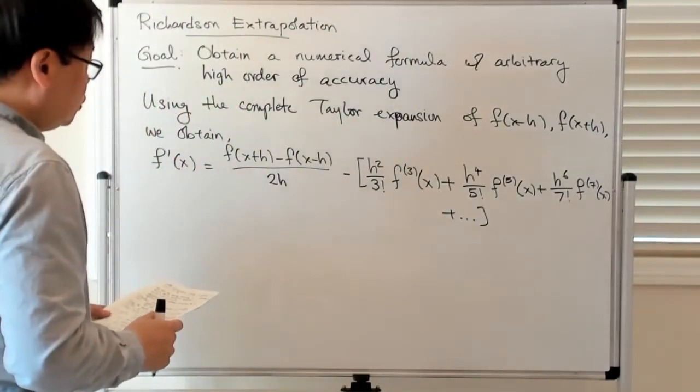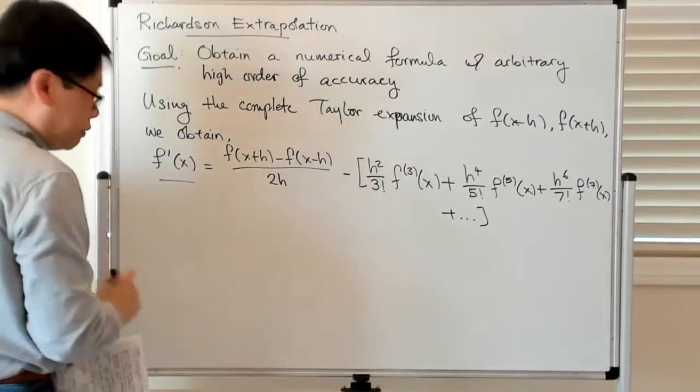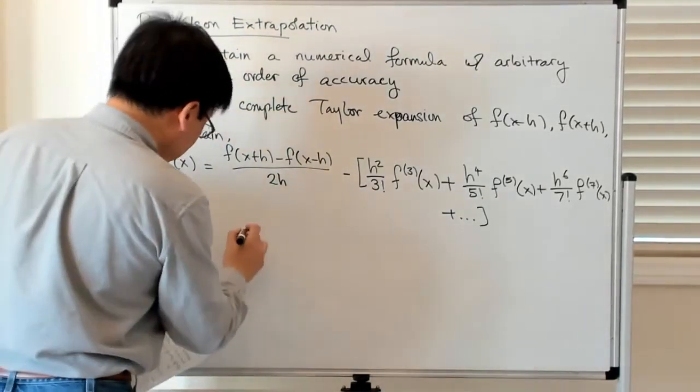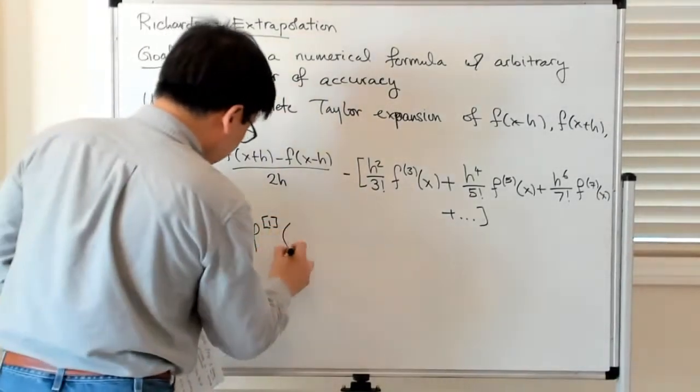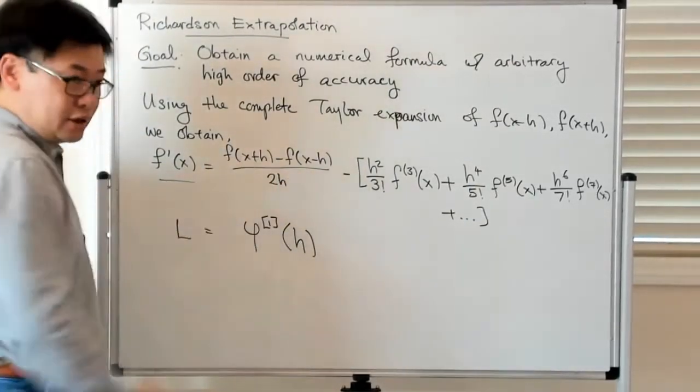We're going to treat this abstractly in the following way. The thing which I'm trying to compute, I'm going to call L, and L is going to be some computable thing, which I call phi 1, with a parameter, which I call h. So phi 1 of h you should think of as this expression here.